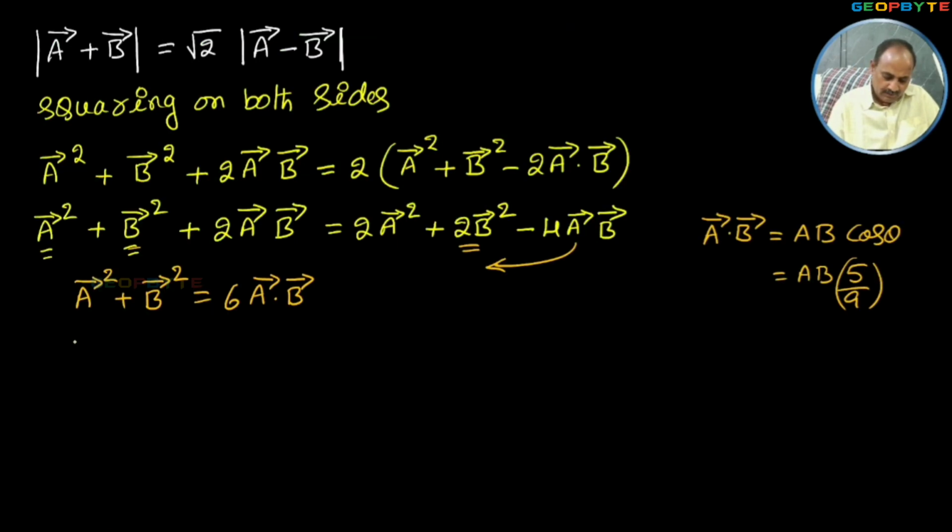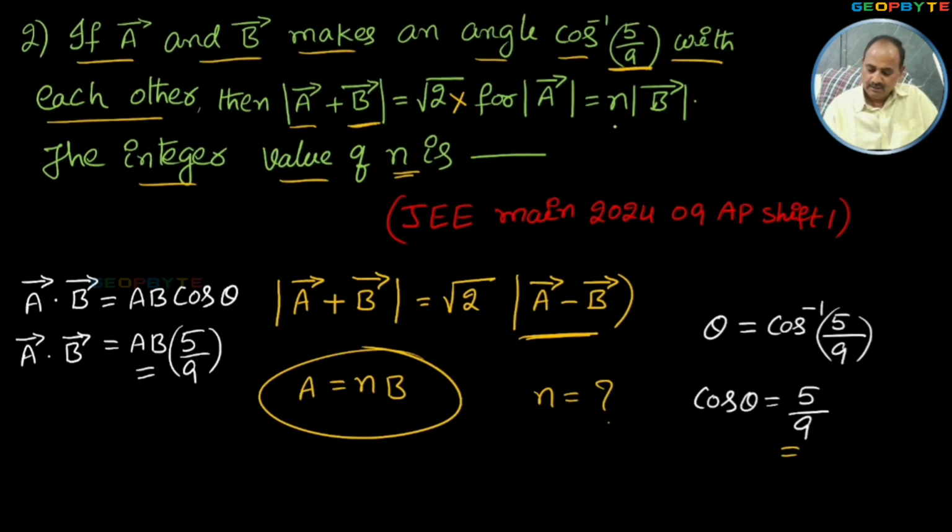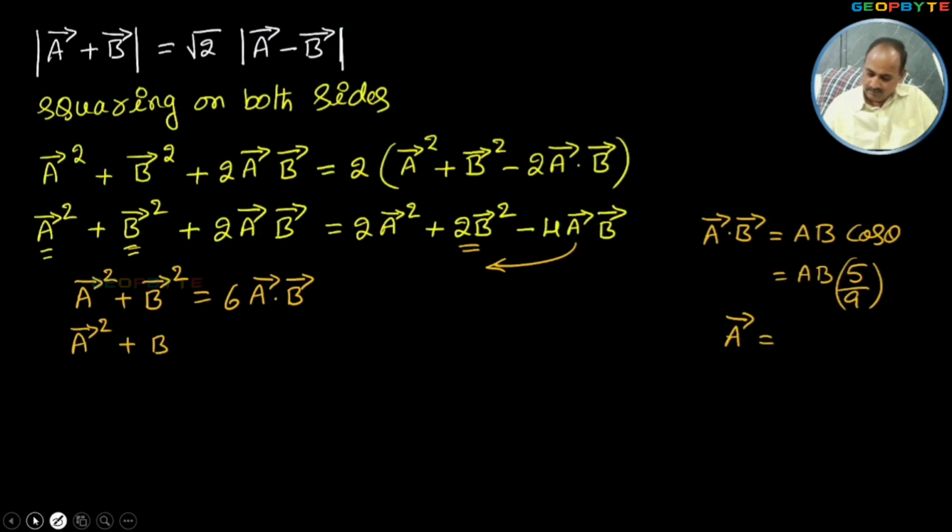So here A bar square plus B bar square. Otherwise, it is given that there is a relation between A bar and B bar: A bar equals n B bar. So in the place of A bar square, you can write n square B bar square.